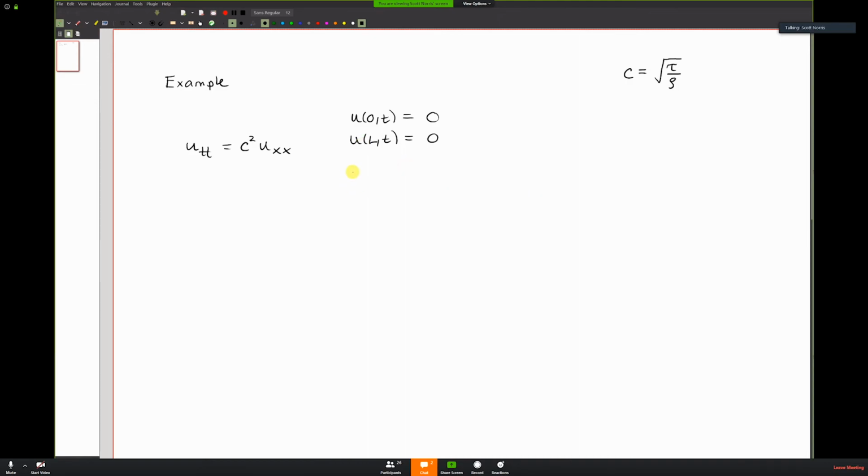Then I need two initial conditions. And I don't really care what that initial condition is, so again, I'm going to do something kind of generic. I'm just going to call this I0 of x. It's just some function. It doesn't really matter what it is. And then the initial value of the time derivative, for simplicity, I'm just going to make equal to 0.